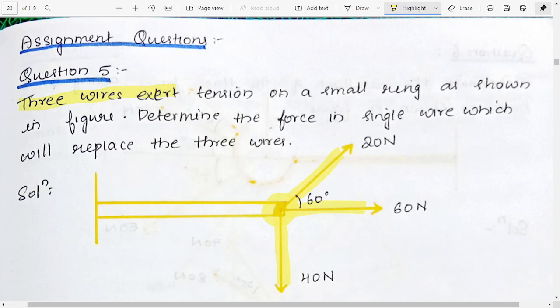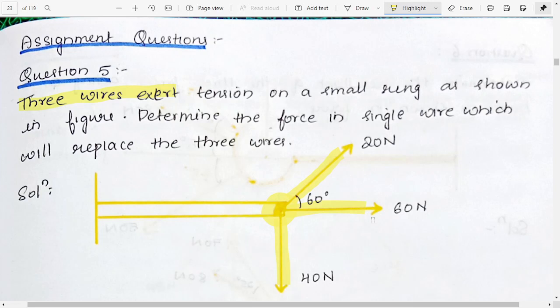We need to determine the force in a single wire which will replace the 3 wires. These are the 3 wires which are pulling this ring. So instead of these 3 wires, there should be a single wire which will have the same effect as the 3 wires. That is what they are telling.